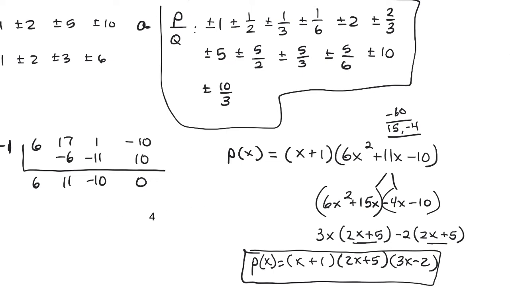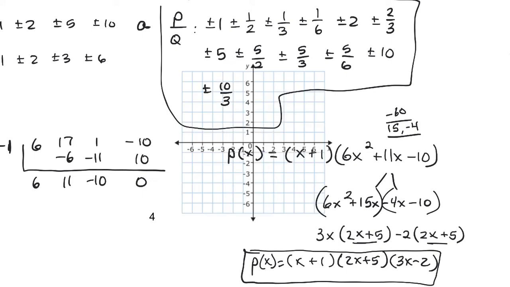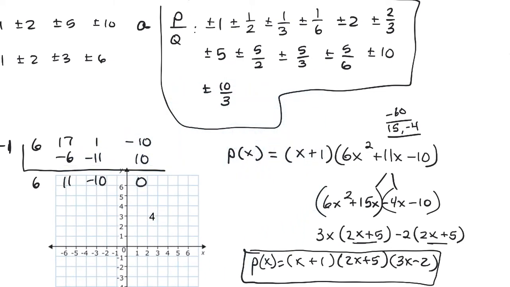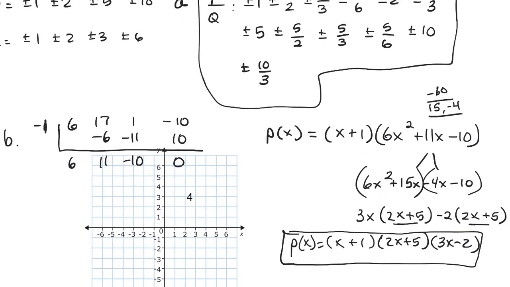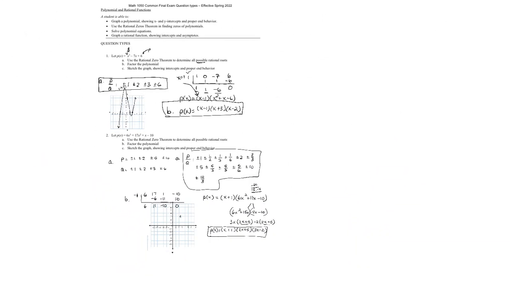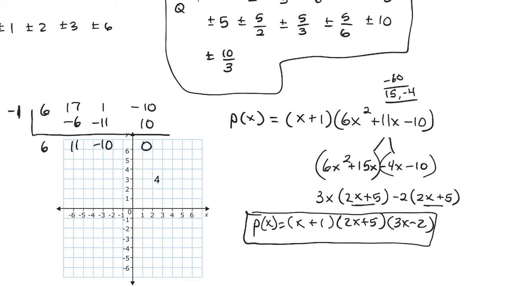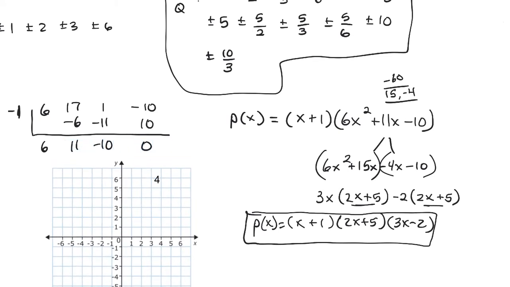So to finish this one off, we need a graph. Okay, so we have a 0 at -1.